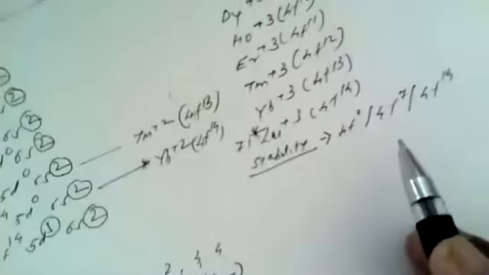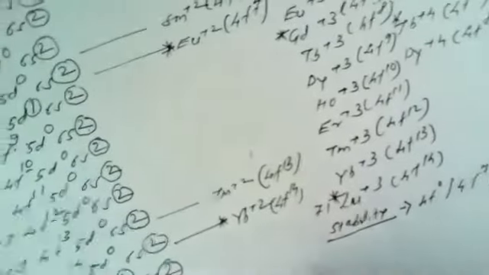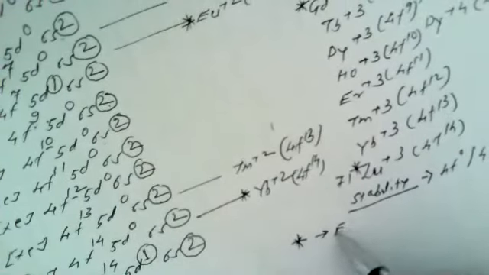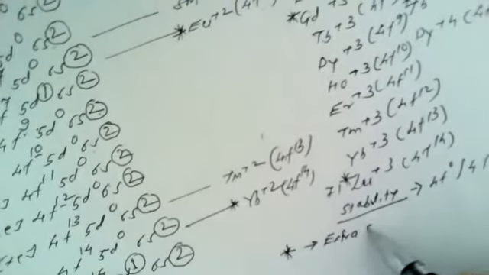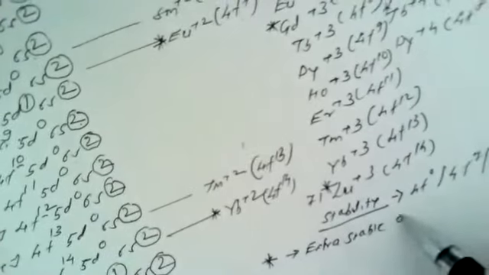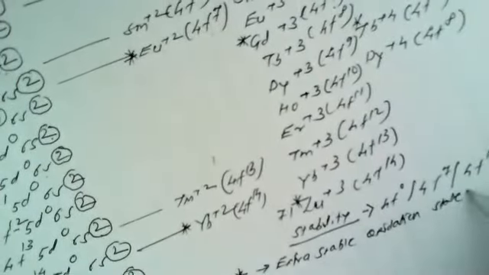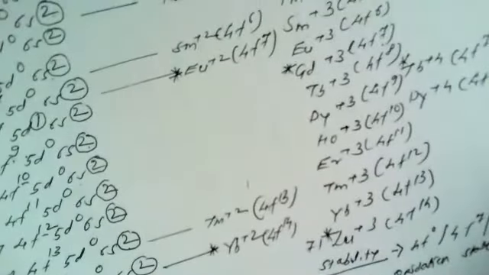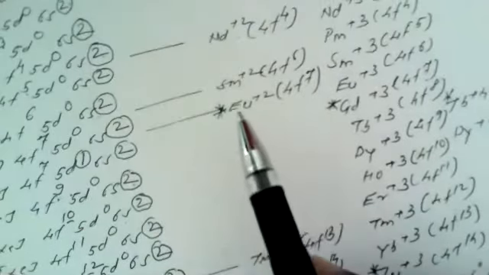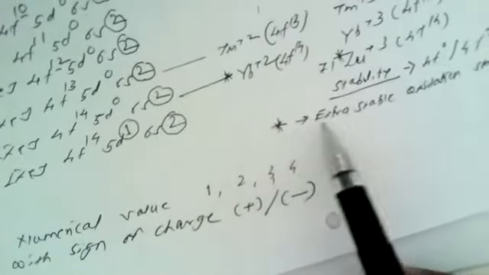So here you have to write in your notebook, make an asterisk sign, and write: extra stable oxidation states. You have to write this because during our study one should identify why we have made an asterisk sign for only a few members. That indicates that these oxidation states are extra stable oxidation states.